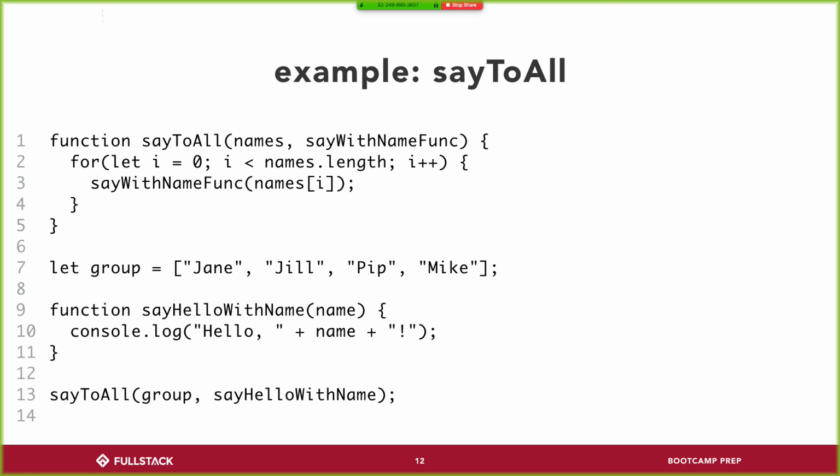So in this particular case, we're just basically looping over the group array and then passing that element into the say hello with name function multiple times. And so does anybody have a guess as to what this would print to the console?